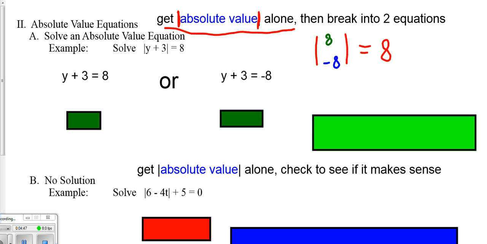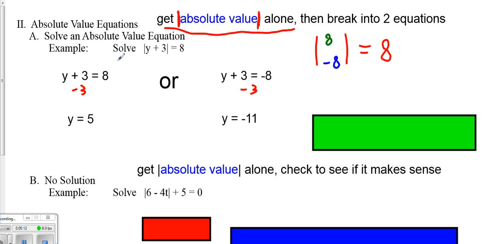In either case, if we have y plus 3 is equal to 8, subtract 3 from both sides. Same thing here, we subtract 3 from both sides. 8 minus 3 becomes 5. Negative 8 minus 3 becomes negative 11. At this point, we need to check our answers just to make sure they make sense.